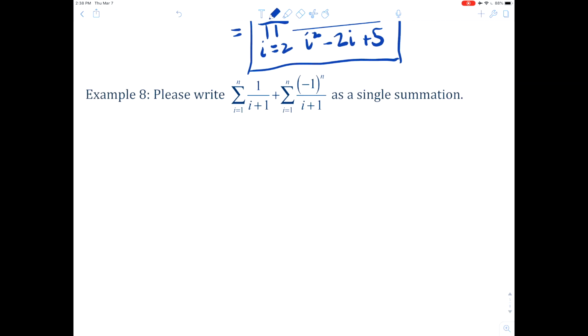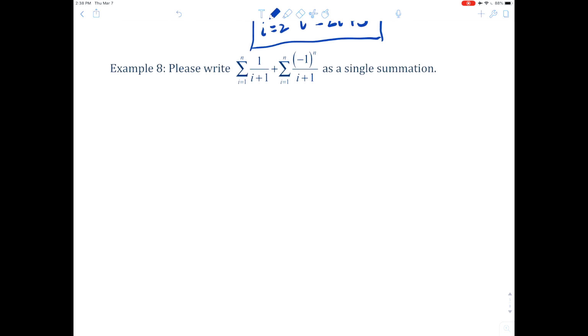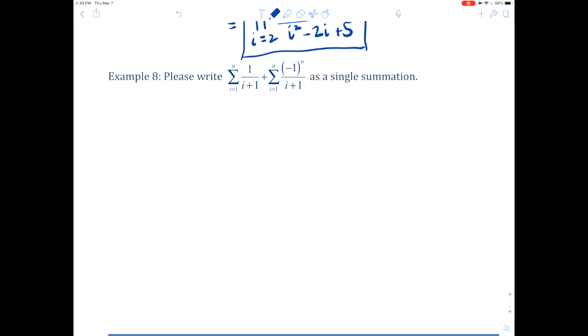So what we're going to do is use that one property where we can write the sum of two summations as the summation of the sum of the sequences. So this is what will happen. So we'll have the sum from i equals 1 to n of 1 over... Oh, I'm very sorry. There's a typo here. This should not be n. This should be an i.